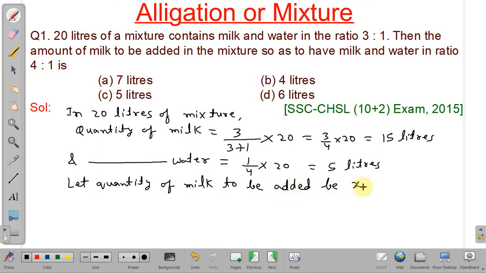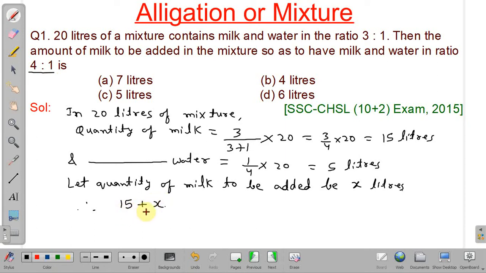be x liters. Okay. So the resulting ratio will have milk and water in 4:1. So what will be the total quantity of milk? See, initially milk quantity was 15 and added quantity is x.